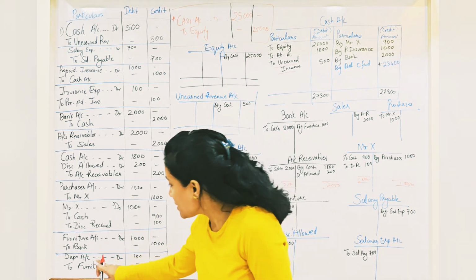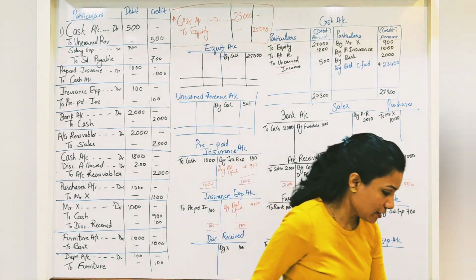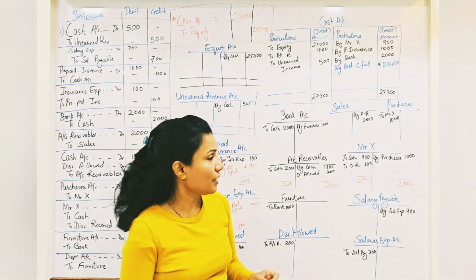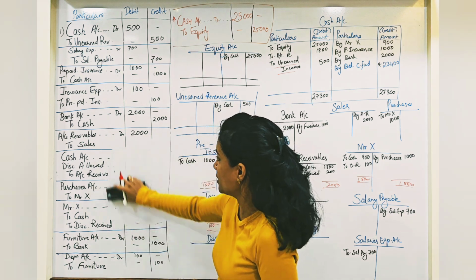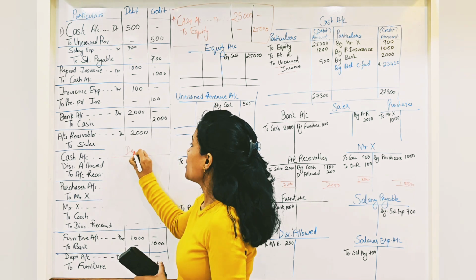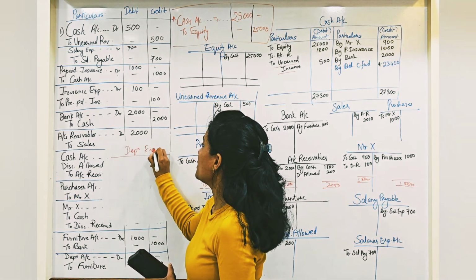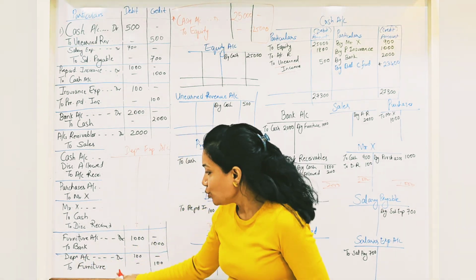Next. Depreciation account debit 100 to furniture 100. Now depreciation account, I'm yet to prepare it. Okay, I'll prepare the depreciation account here since we don't need these transactions anymore. Yes, depreciation account, depreciation expenses. Depreciation account to furniture.